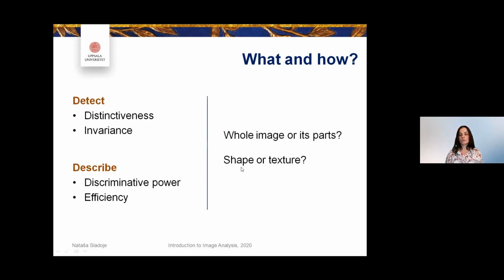And also, or closely related, are we looking at shape or texture? So there will be different descriptors for images, for their identified relevant parts, for shape, and for texture. And as said, we will give a couple of examples for each of these.